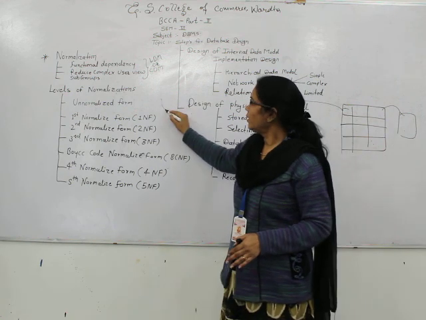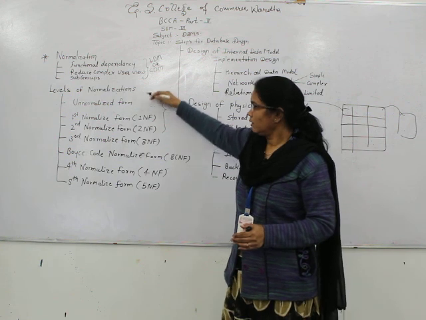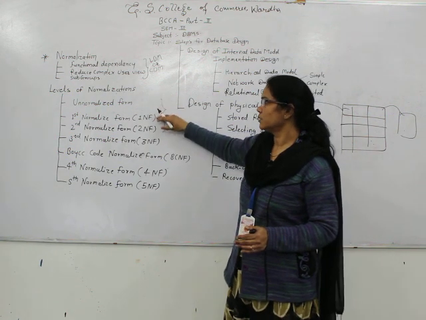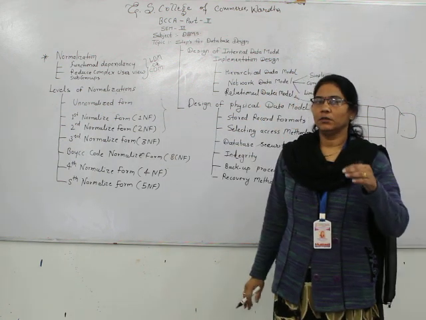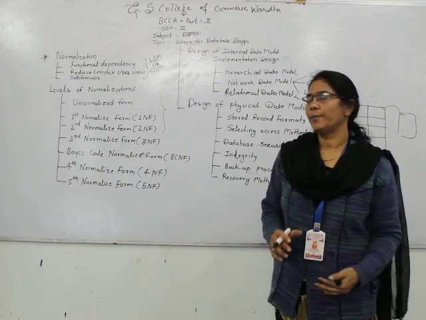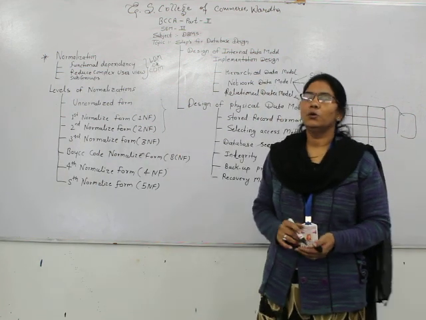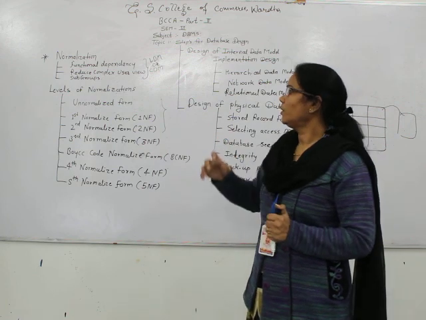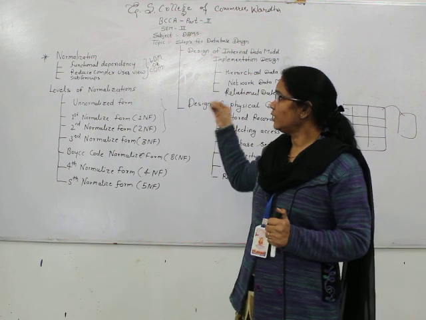Basically, our relational data model goes through only three levels of normalization: first, second and third normal form. When our data is very complex, only then will we apply the third normal form.